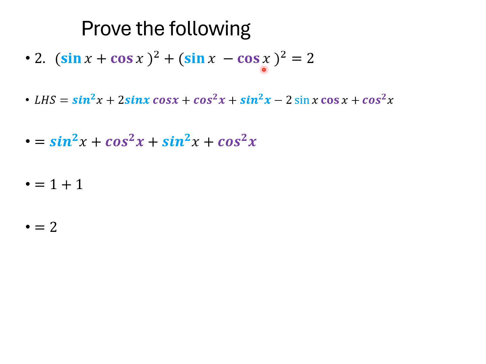Then cos x times cos x gives me cos squared x. The 2 sine x cos x minus 2 sine x cos x cancels, so I'm left with sine squared x plus cos squared x, twice. According to the square identity, sine squared x plus cos squared x equals 1, so 1 plus 1 gives me 2. I hope we're still together.